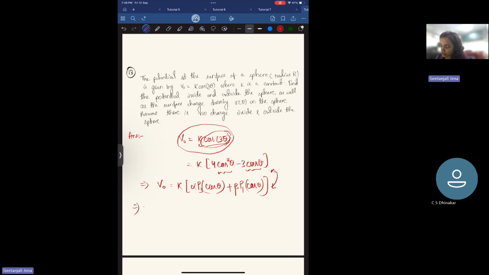Left hand side is K (4 cos³θ minus 3 cosθ). Right hand side is K times α P3(cosθ), which is 5/2 cos³θ minus 3/2 cosθ, and β P1(cosθ), which is cosθ.